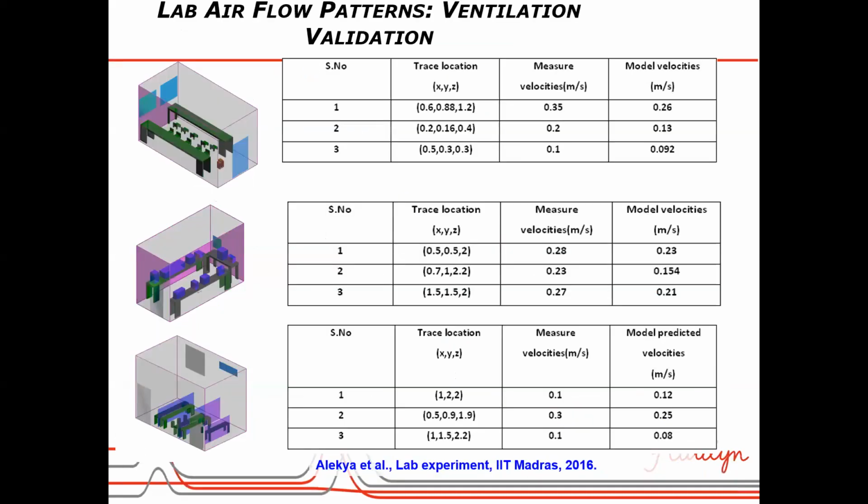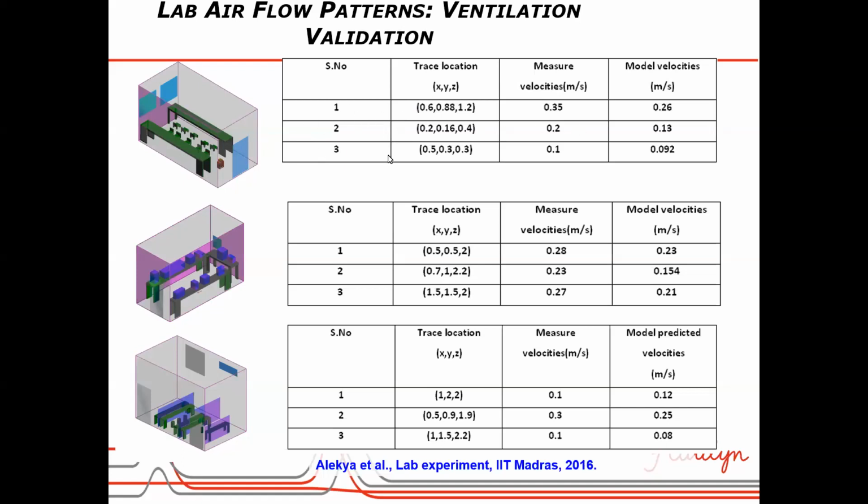This is one of the studies performed by an intern from IIT Madras. They had experimental measurements in some particular labs, in ventilation. She used Ventil software and compared the results.